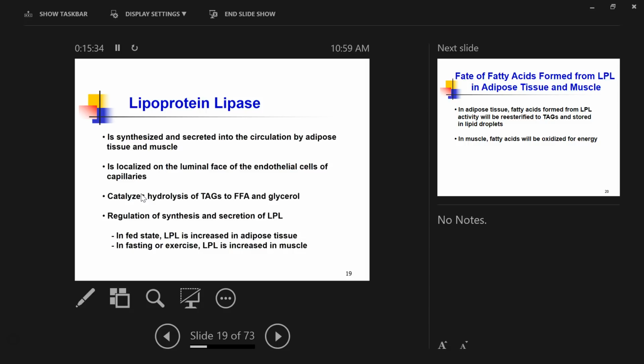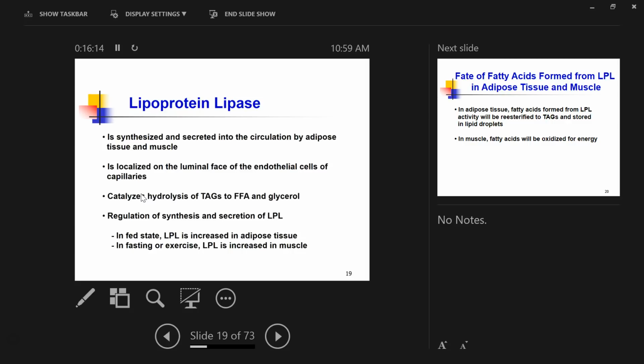But in skeletal muscle, the LPL is activated during which physiological condition? Fasting. During fasting, muscle LPL is activated and hydrolyzes only VLDL triglyceride, because on fasting you wouldn't expect high levels of chylomicron. So it only hydrolyzes VLDL triglyceride and takes up fatty acids into muscle cells.